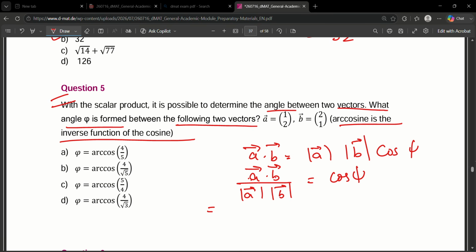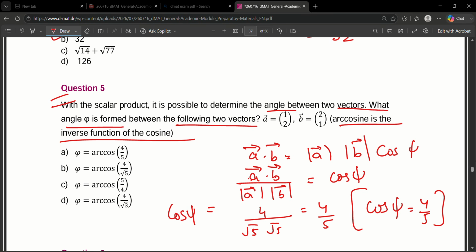That is 2 plus 2, that is 4. Magnitude of this would be equal to 1 square plus 2 square, that is root 5, and this is also root 5. That is 4 by 5. So basically cos psi is equal to 4 by 5. And arc cosine is the inverse function of cosine.